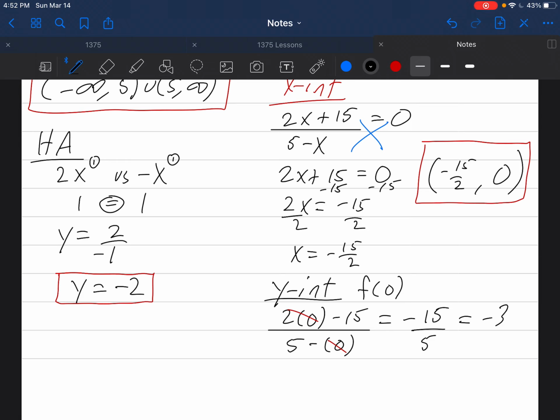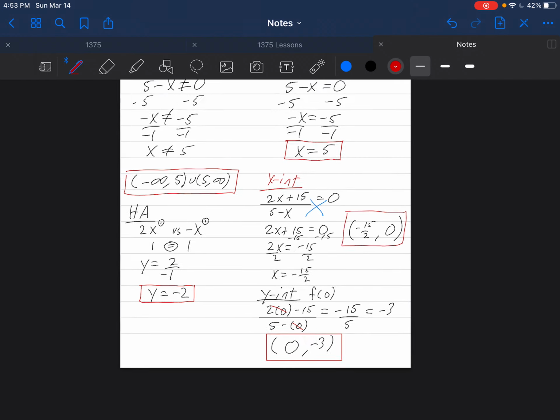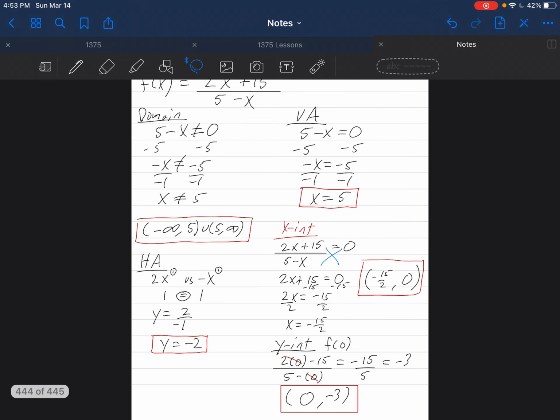But again, since this is a y-intercept, the answer is going to be an ordered pair. On a y-intercept, the x-coordinate is always equal to 0. The y-coordinate is the number that you solved for right here. In this case, that was equal to -3. So here we have, again, a quick review. This is our domain, negative infinity to 5, 5 to infinity.